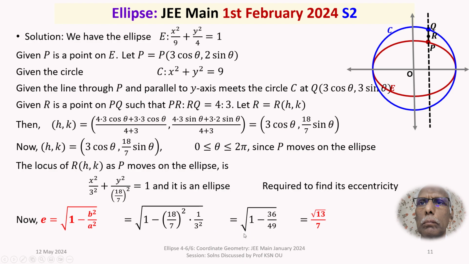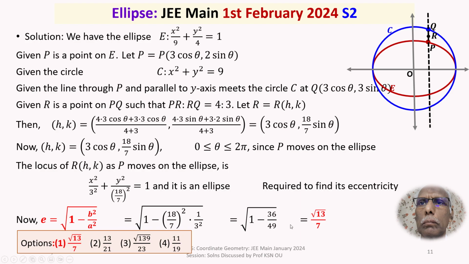Simplifying, we get the square root of 1 minus 36 by 49. Further simplification will give you root 13 by 7. That is the eccentricity.